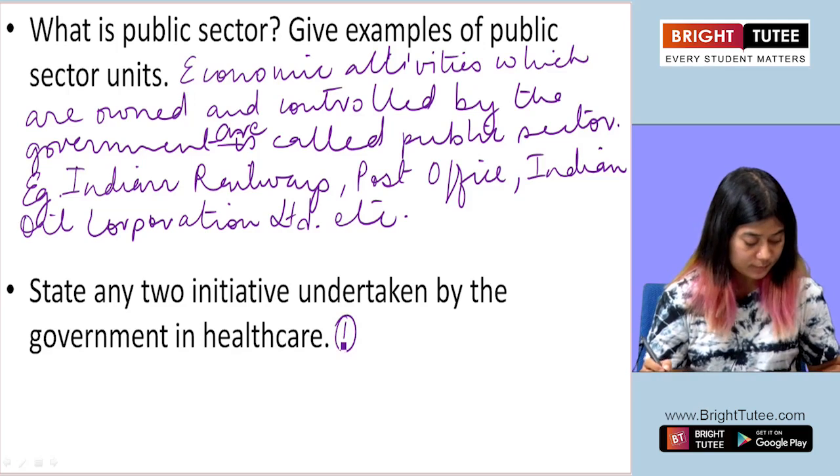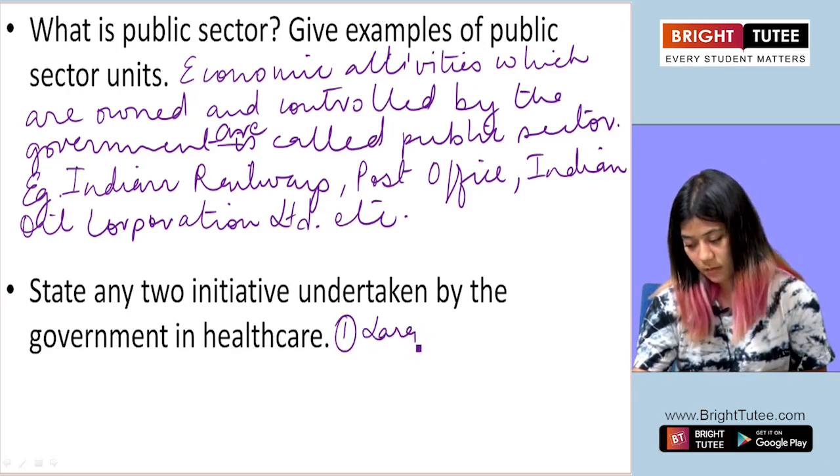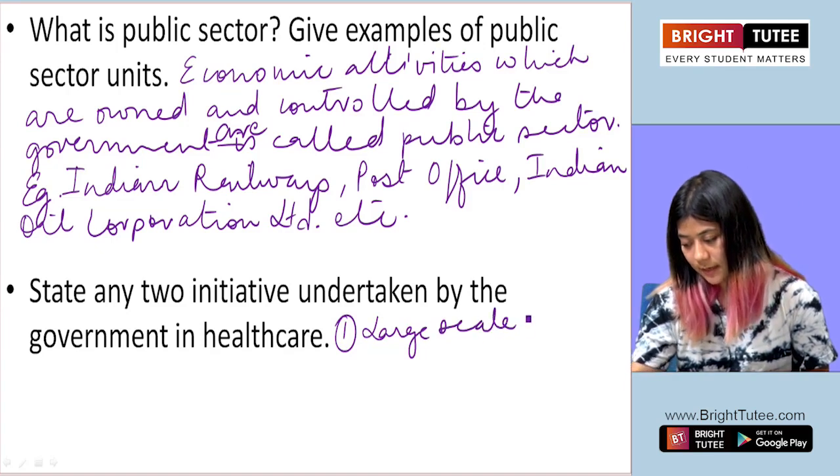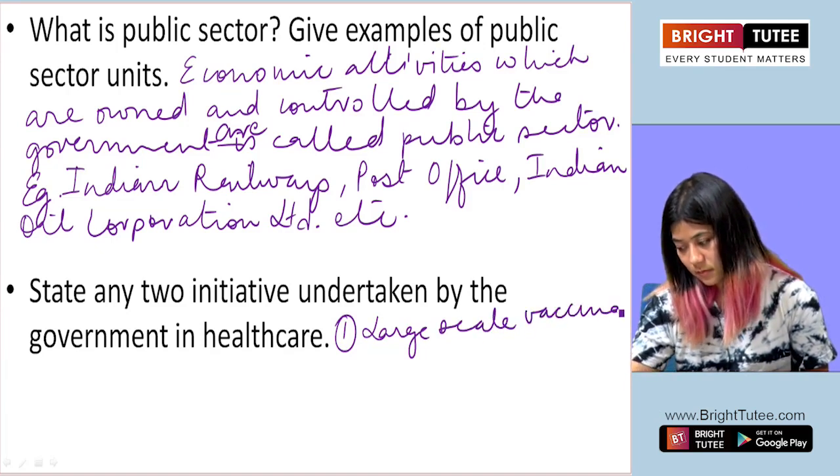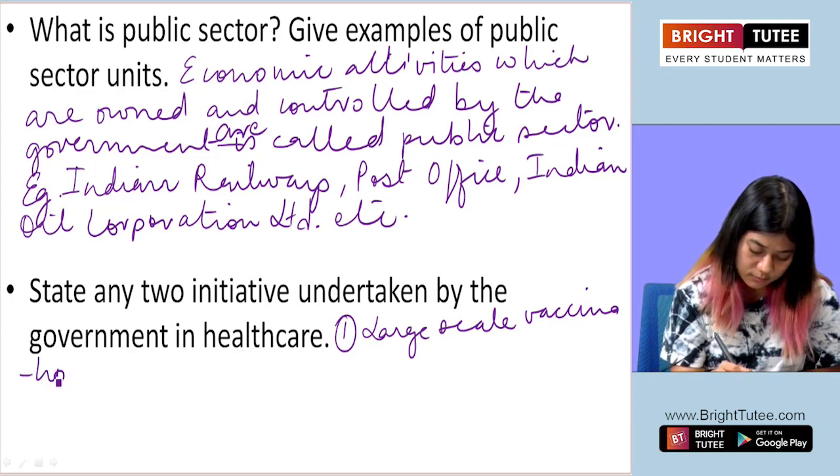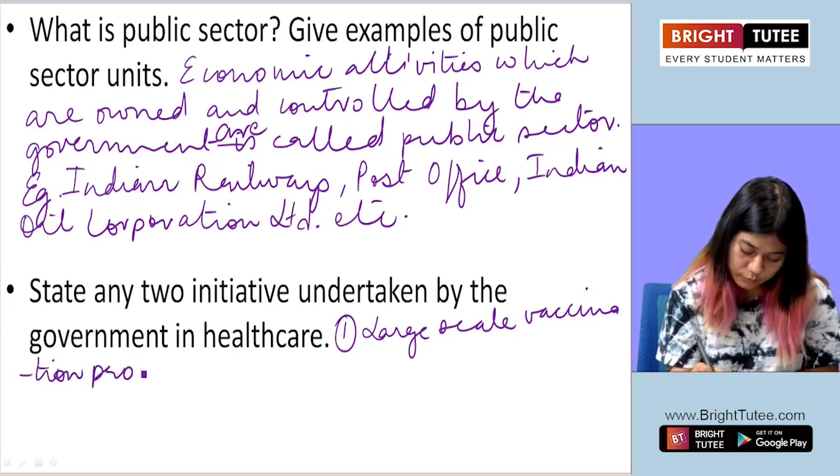Number 1, large scale vaccination program.